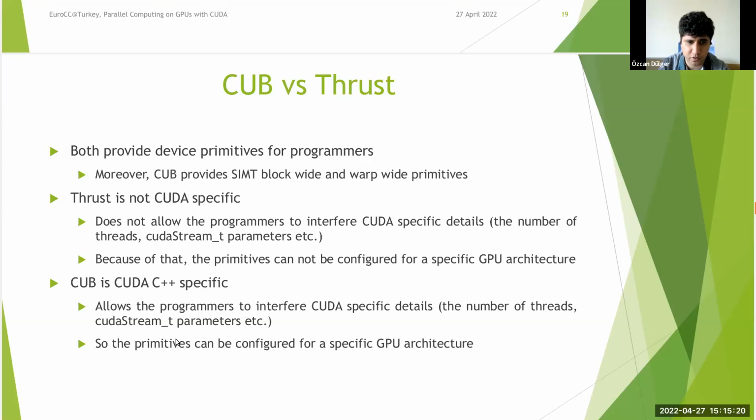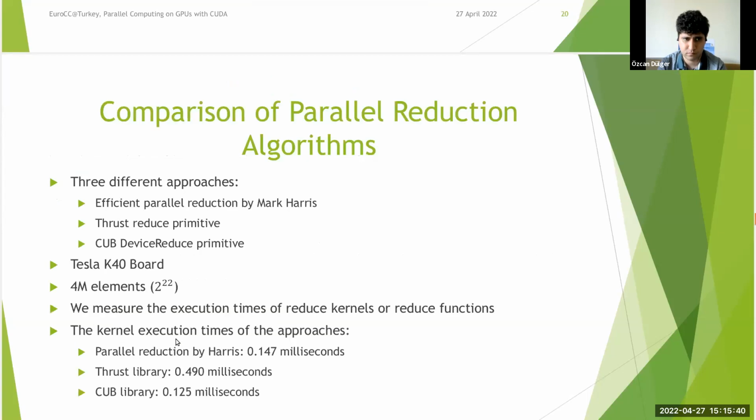It allows programmers to interfere with CUDA specific details, the number of threads, and the stream parameters. So CUB primitives can be configured for a specific GPU architecture.